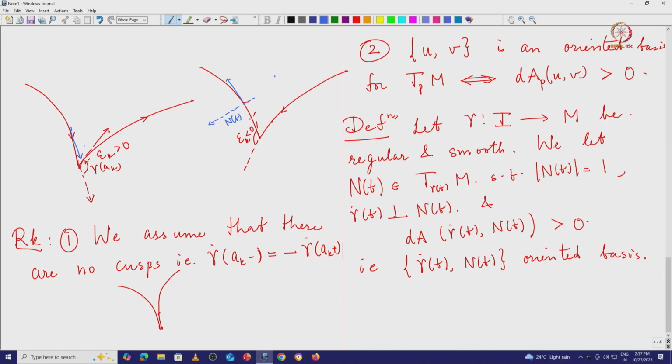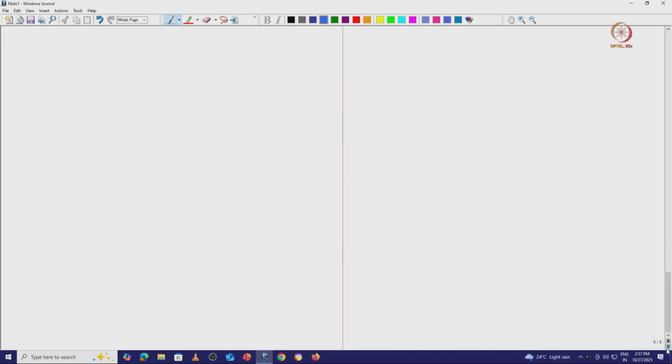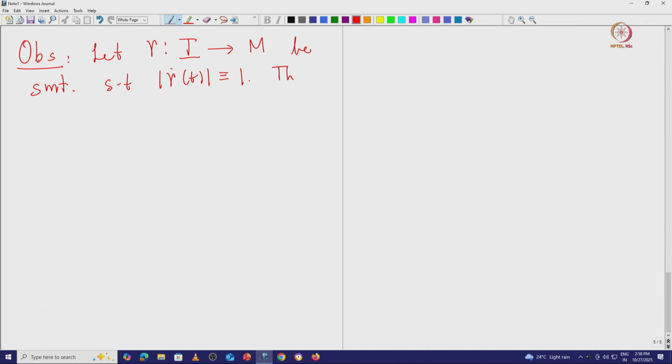All right. So let me make a quick observation. Let gamma be a smooth curve which is parameterized to have unit speed, so the speed is constant 1. Then this is a calculation that I have done before.